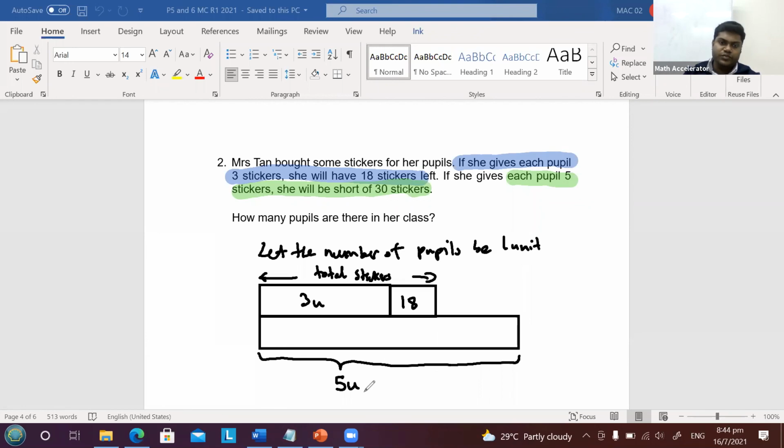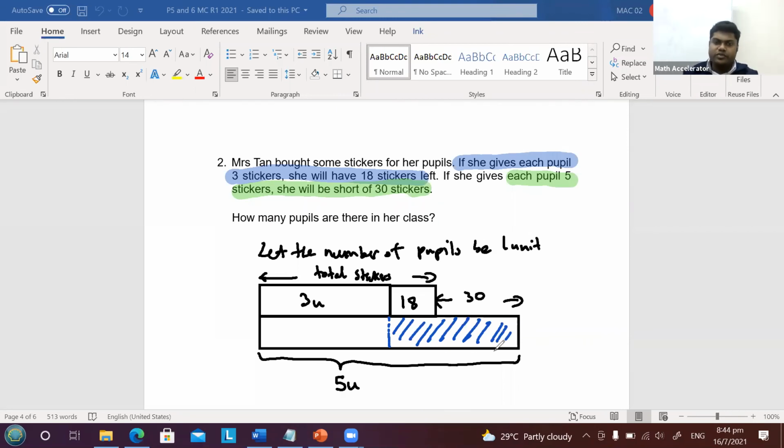So if you give each pupil 5 stickers, she will be short. Write down the shortage over here, 30. Okay, now I want you to dissect this portion here and then shade.